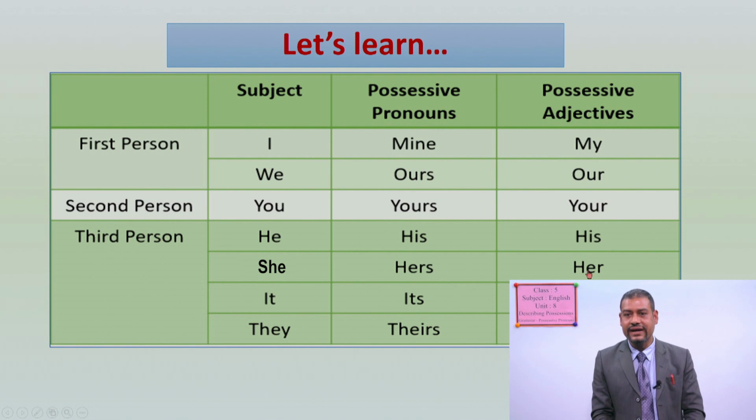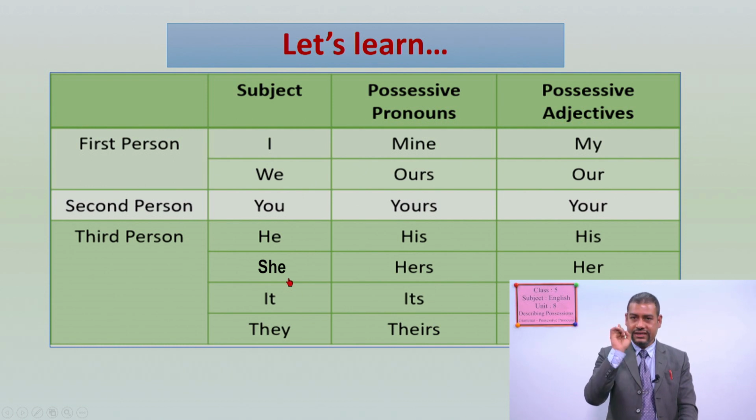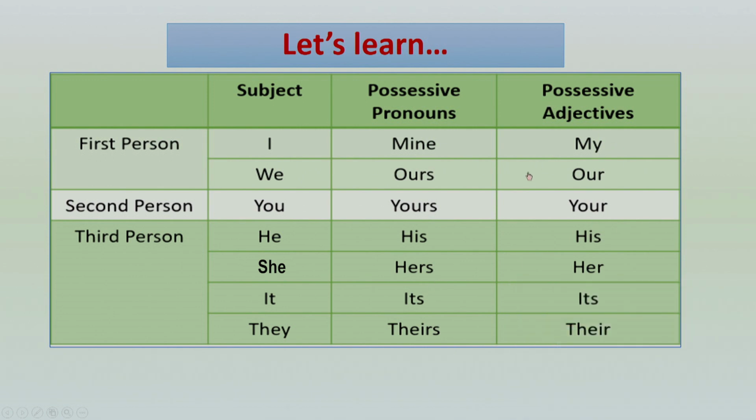And for the possessive adjective, his. Likewise, for a girl, female, if there is only one, for the subject we have to use she, S-H-E. Then for possessive pronouns we have to use hers. And then for possessive adjectives we have to use only her. Okay. So here should be she.